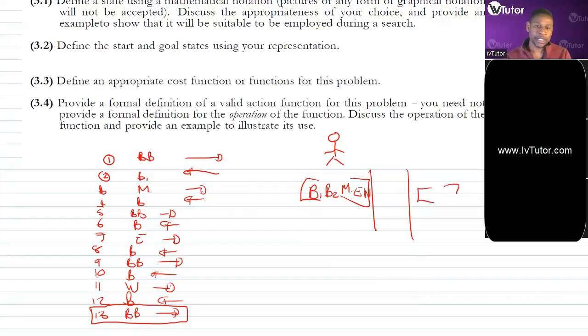And initially on the other side there'll be no one. So what we can do is have a set. A state will be represented, say state S naught. What can we use to represent this set?